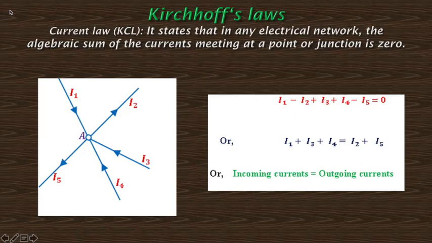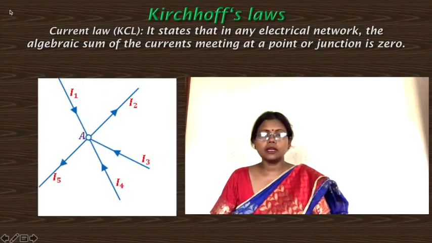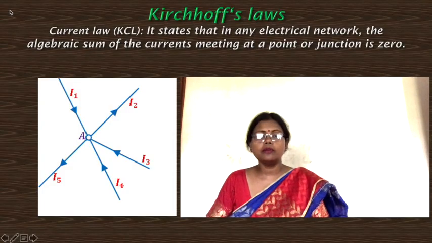It states that in any electrical network, the algebraic sum of the currents meeting at a point or junction is 0. Let us consider 5 different elements meeting at a point A. Using sign convention, current into the point is positive and outgoing from the point is negative.